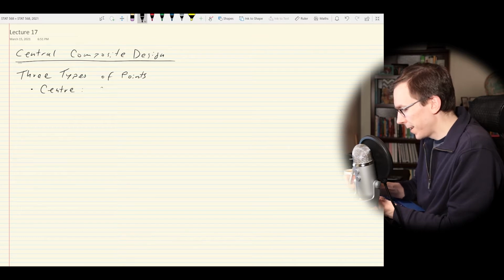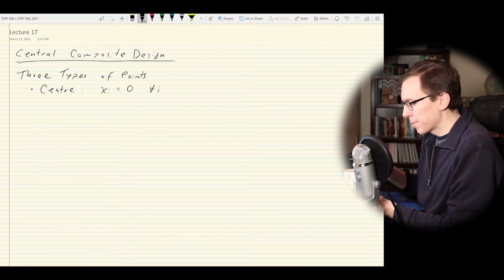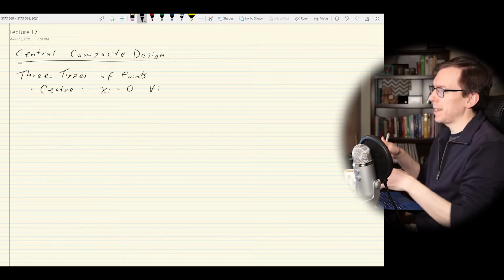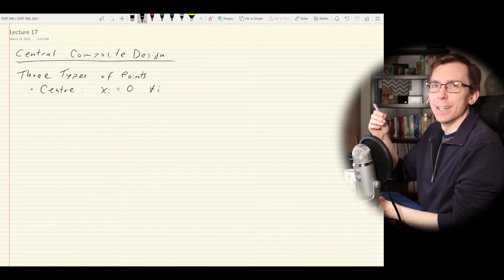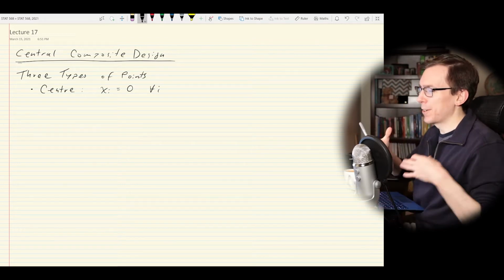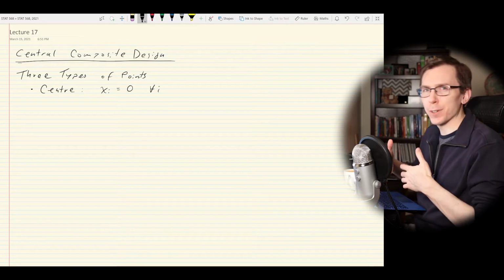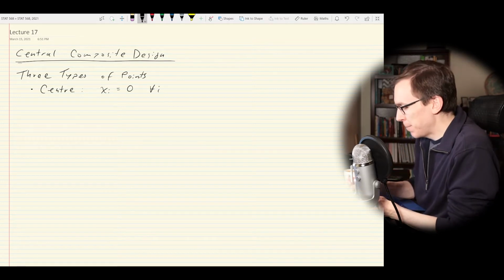Those are the ones where xi is equal to 0 for all i. Remember, we've encoded our variables, so we're just going to be able to take on values like 0 and plus or minus 1, where in reality they might correspond to different temperatures or pressures or other inputs to the system.